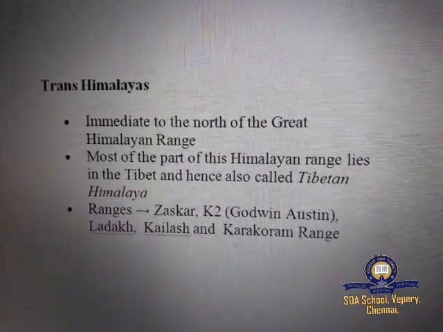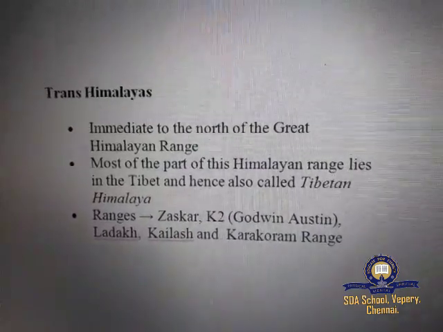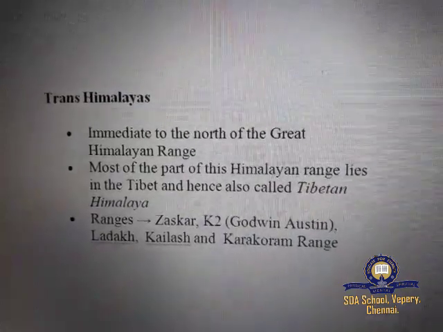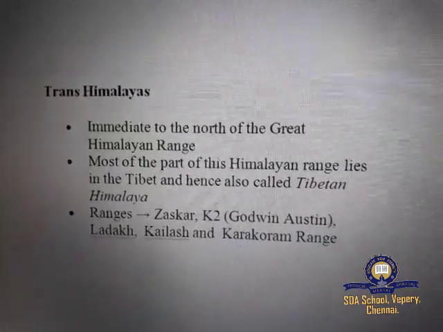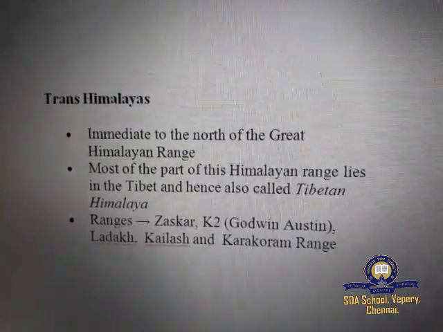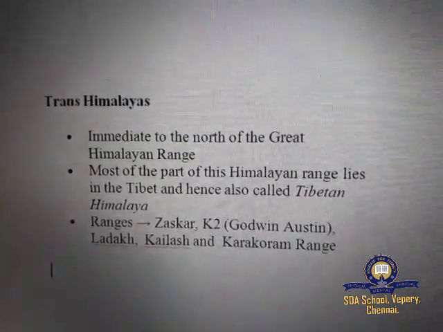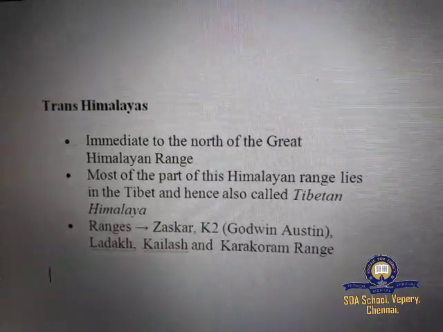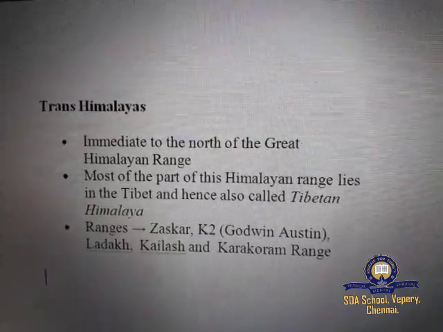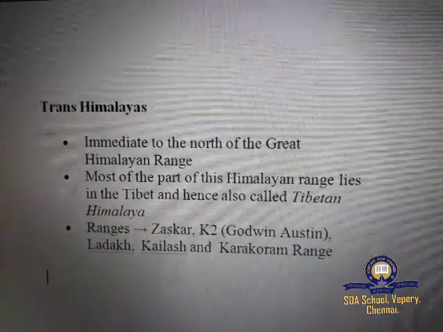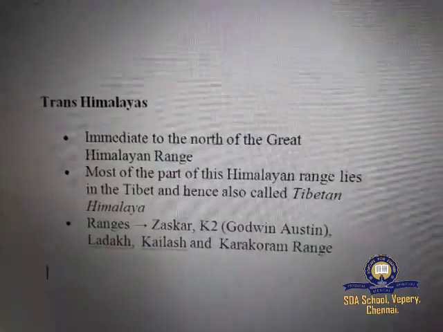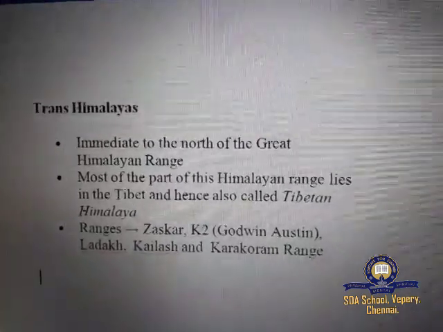It lies to the north of the Great Himalayan Range, in Jammu and Kashmir and the Tibetan Plateau. As its areal extent is more in Tibet, it is also known as the Tibetan Himalayas. The prominent ranges of the Trans-Himalayas are Zaskar, Ladakh, Kailash and Karakoram.